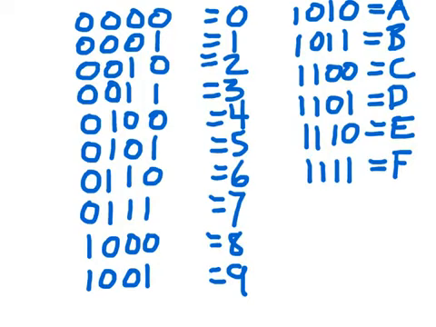It's not that hard, and you should be able to write out from 0 to F, which is 0 to 15 in binary, using letters once you get past 9.